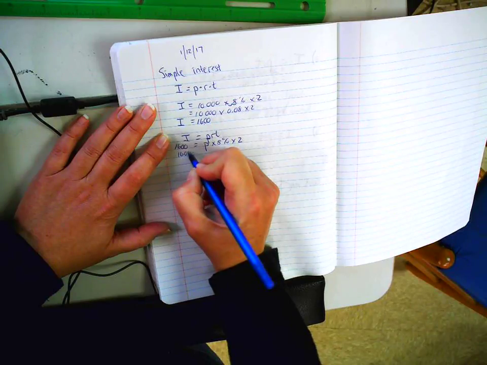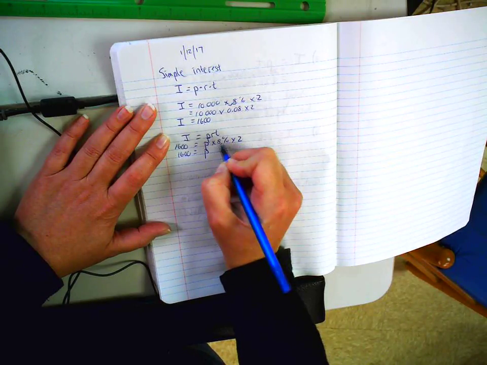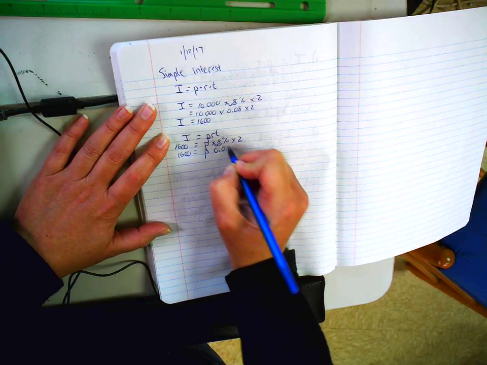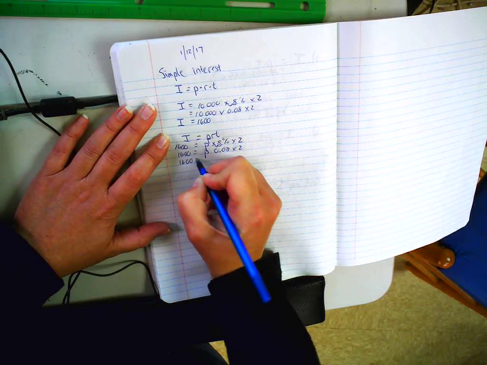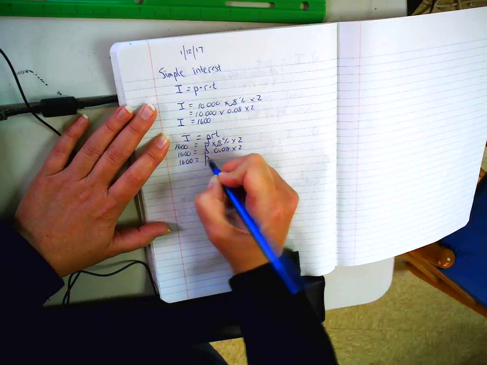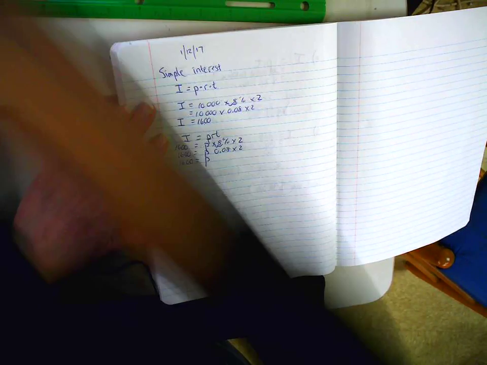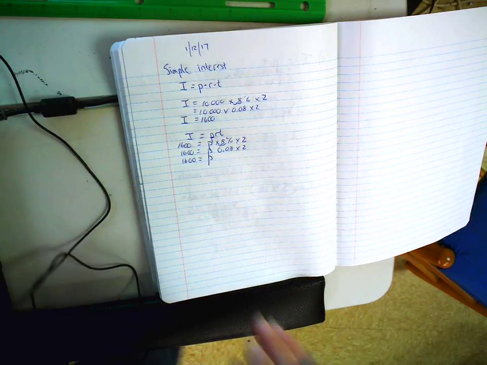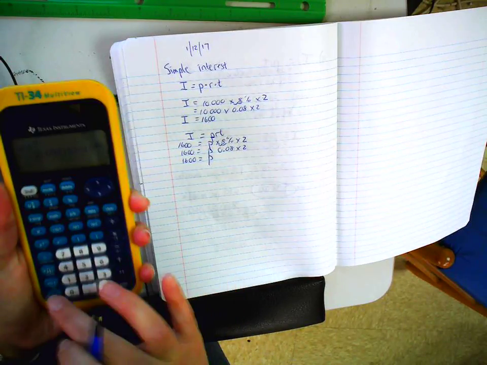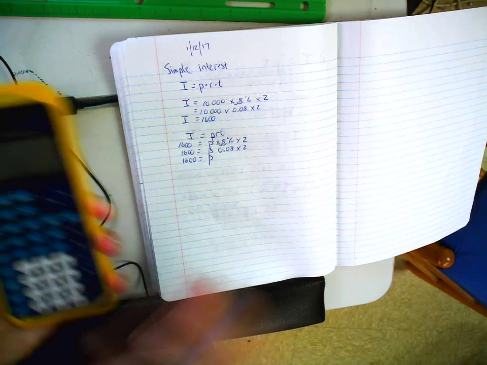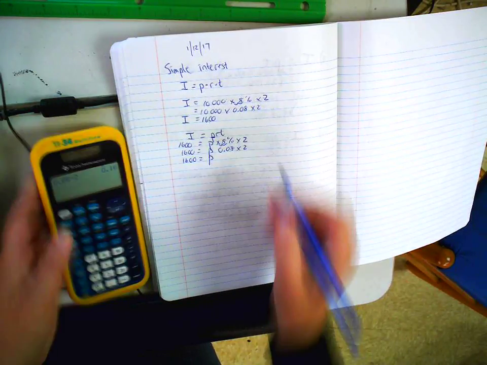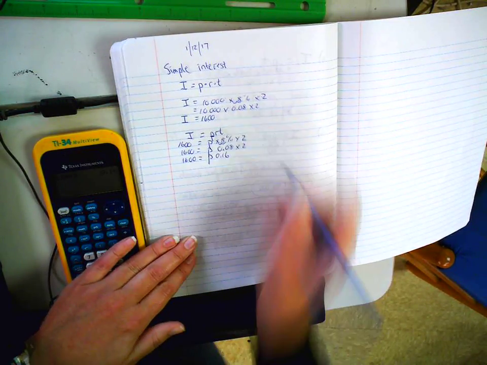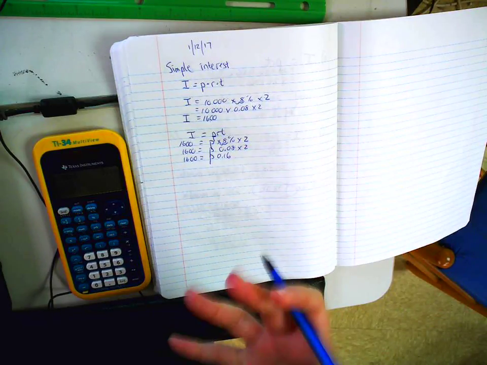By that I mean, let's change this into 0.08 times 2. So 1,600 equals P stuck to 0.08 times 2. 0.08 times 2 equals 0.16.